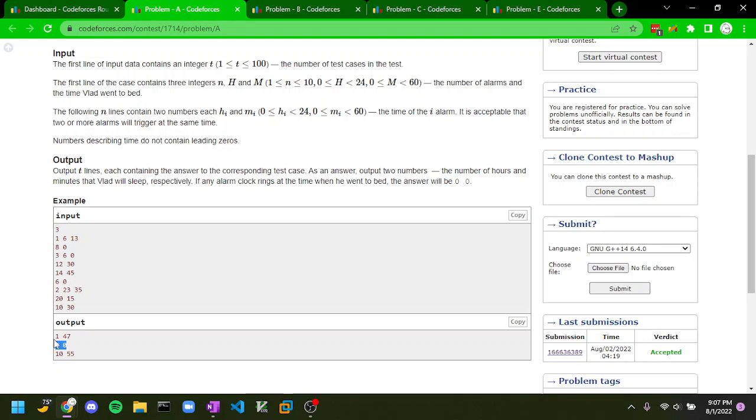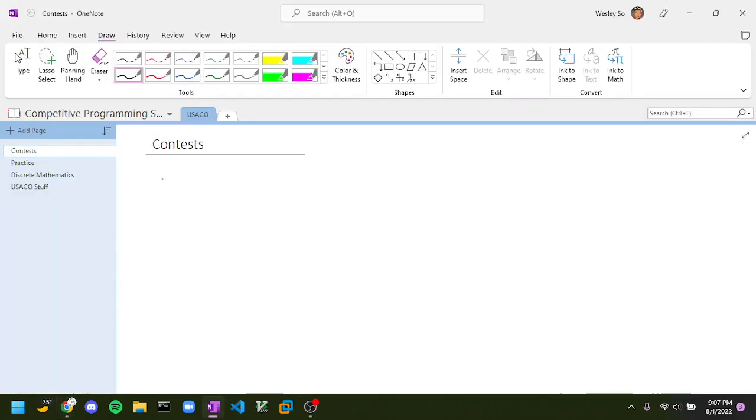Another test case, which is harder to implement, is when the time you sleep is larger than the time you wake up, than all your alarm clocks. So, for example, let's say you sleep at 22 o'clock in military time.